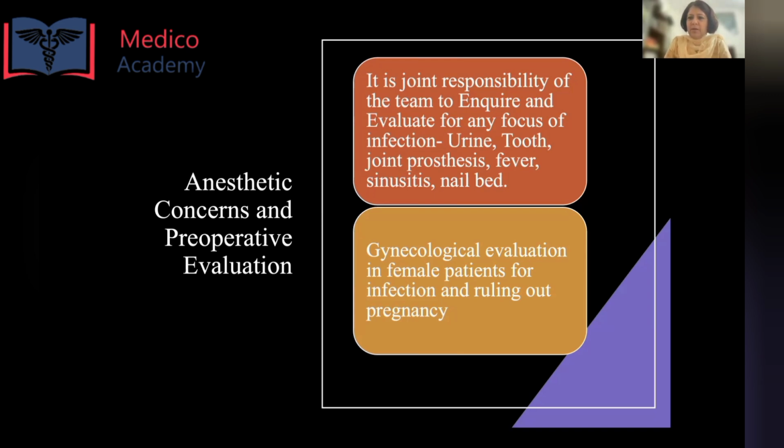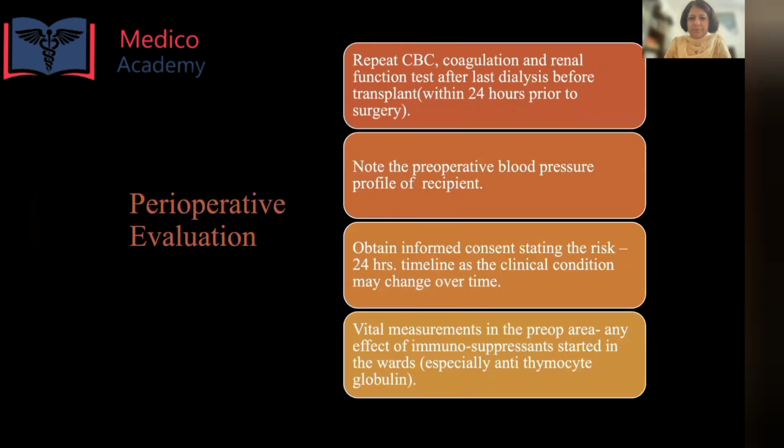Gynecological evaluation is again a part of the transplant workup, but inquire about the last menstrual period of the female patient before we accept them for anesthesia. A repeat CBC, coagulation profile, and renal function tests are done after the last dialysis, which is 12 to 24 hours prior to the transplantation.